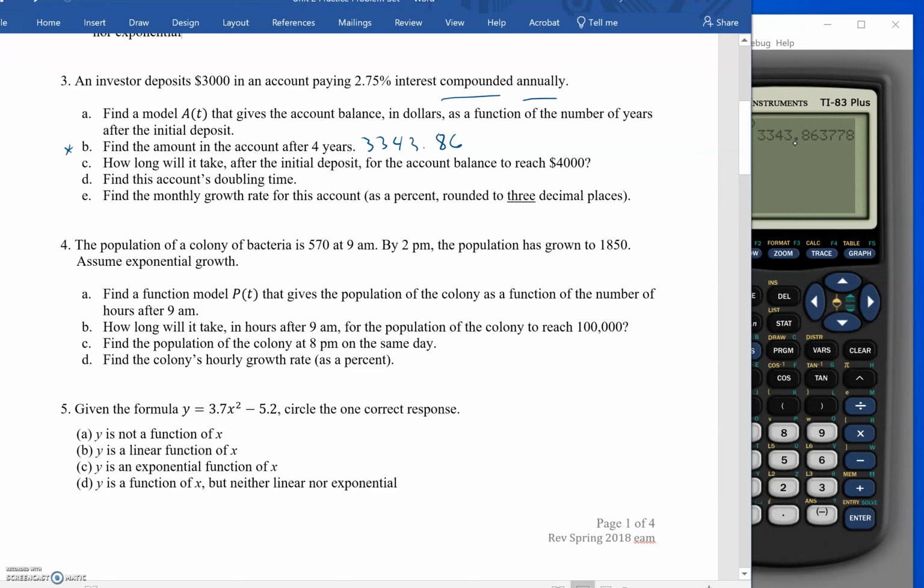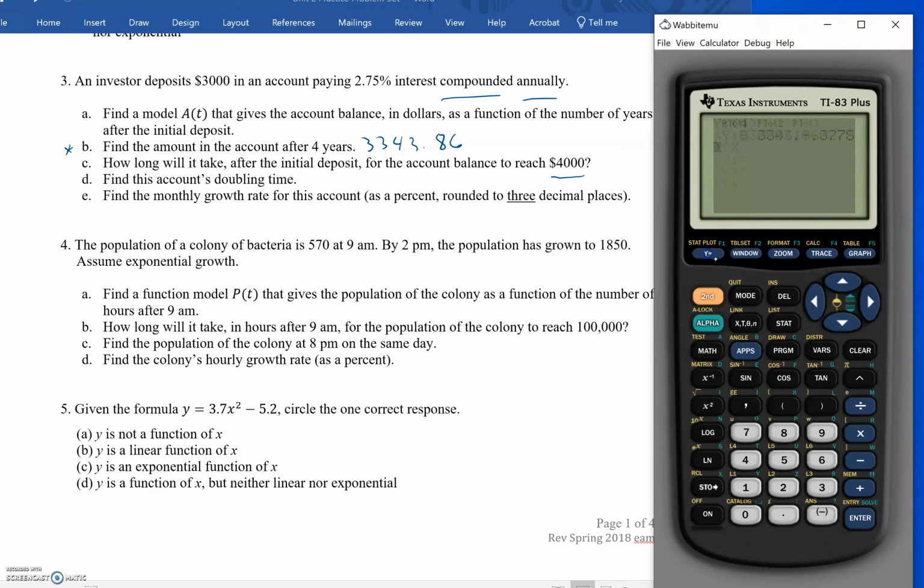Okay. How long will it take after the initial deposit for the account balance to reach 4,000? So this is a calc intersect question, because I'm looking for an input of the function, and I know the output, and I just messed that up. Let me fix that. Here we go.